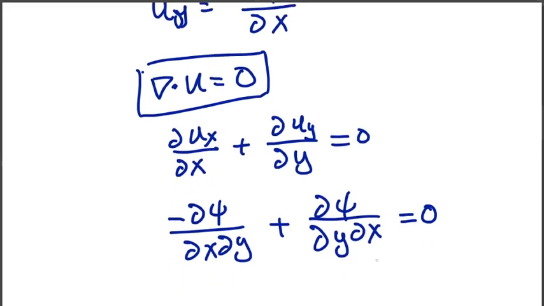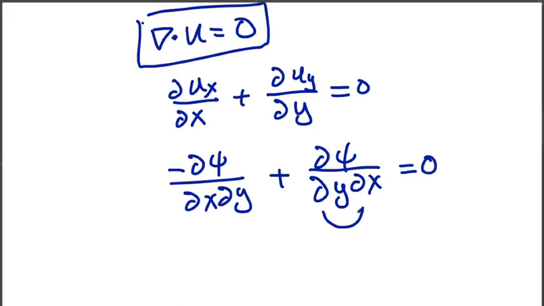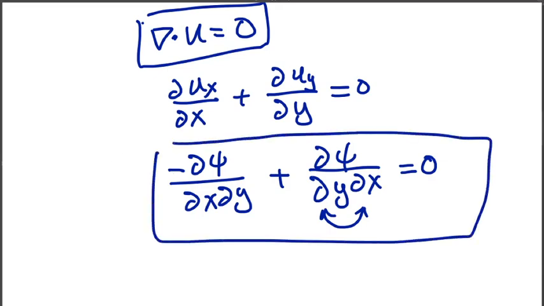We can interchange the x and the y derivatives here, and so this is true for any function psi, and this gives us a lot of power. So for an incompressible flow, the stream function guarantees that the flow itself is incompressible.